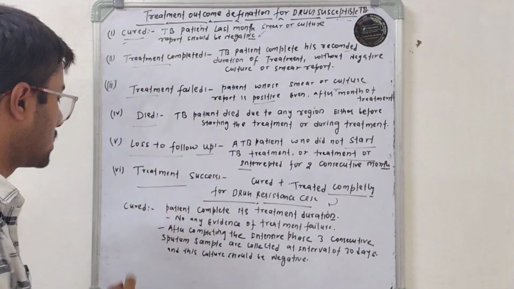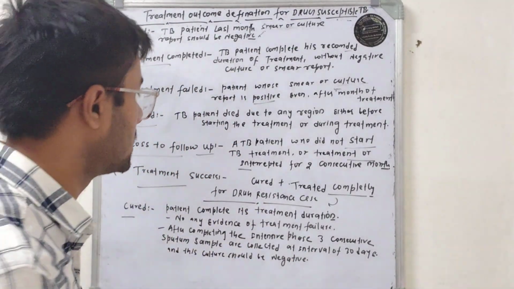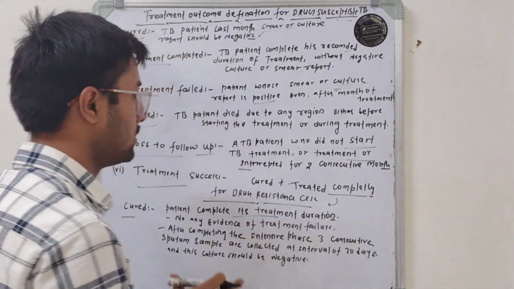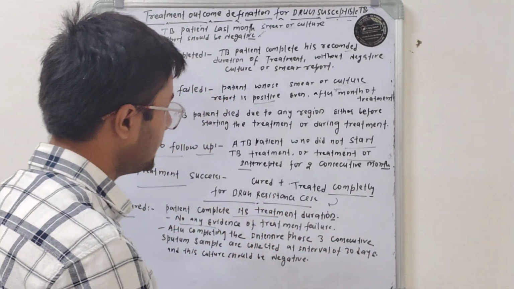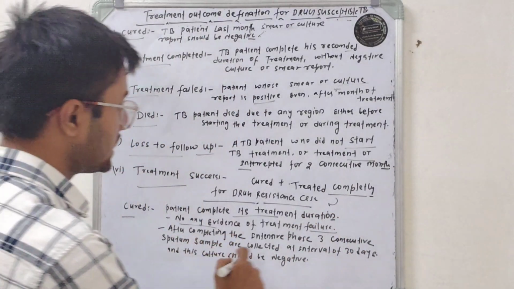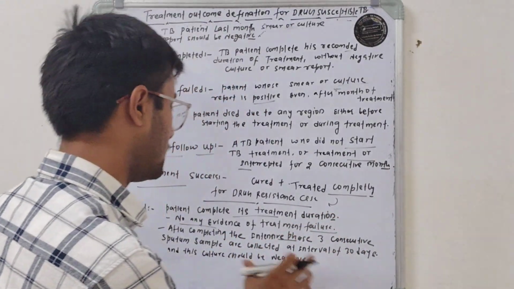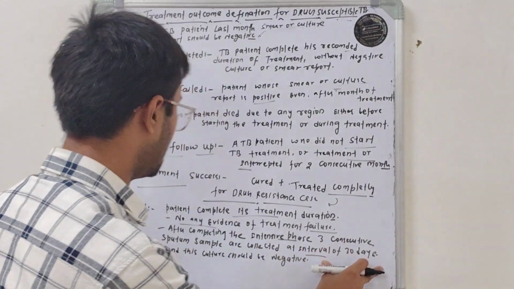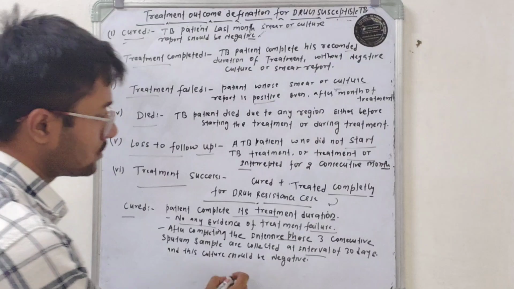So what is the definition of cure in case of drug resistance? The patient completes the treatment duration with no evidence of treatment failure, and after completing the intensive phase, 3 consecutive sputum samples are collected at an interval of 30 days, and these cultures should be negative.